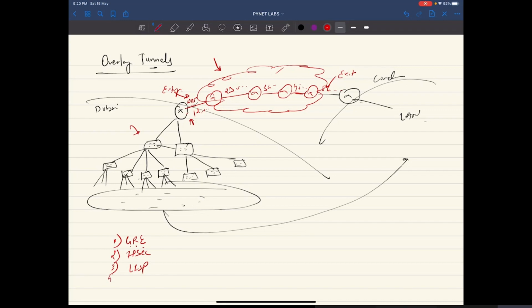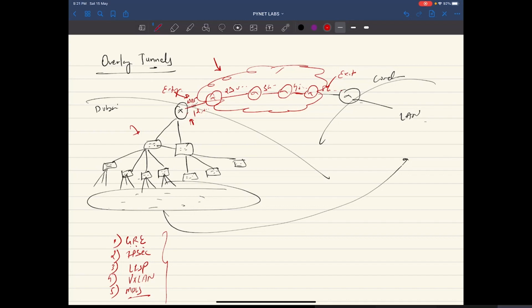The fourth one is VXLAN, virtual extensible local area network. And the fifth one is MPLS, multi-protocol label switching. These technologies have been famous for quite some time now, and MPLS has been at its peak when service provider deployment comes into play.